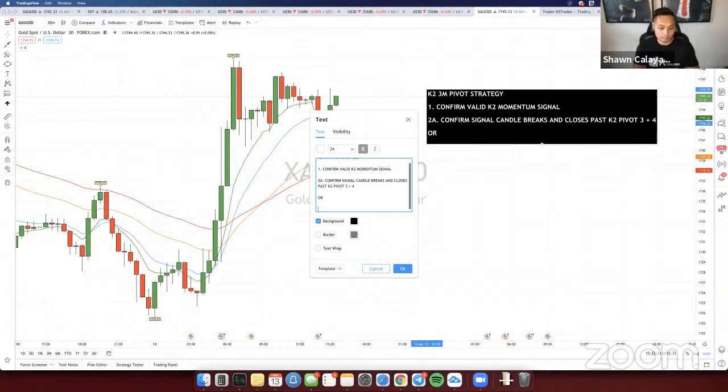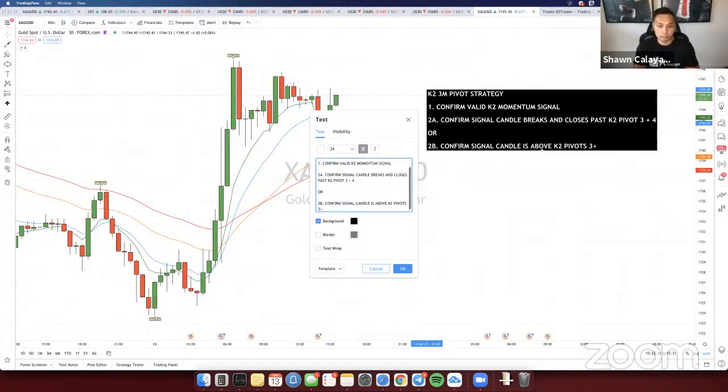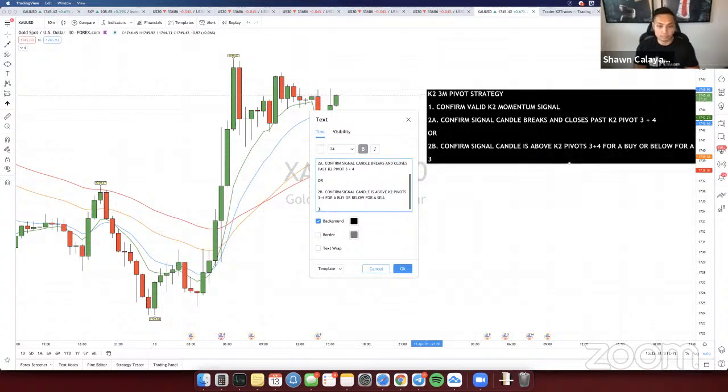Or if that doesn't apply, 2B: confirm signal candle is above K2 pivot 3 and 4 for a buy, or below for a sell. And then after that, enter on the open of the following candle.